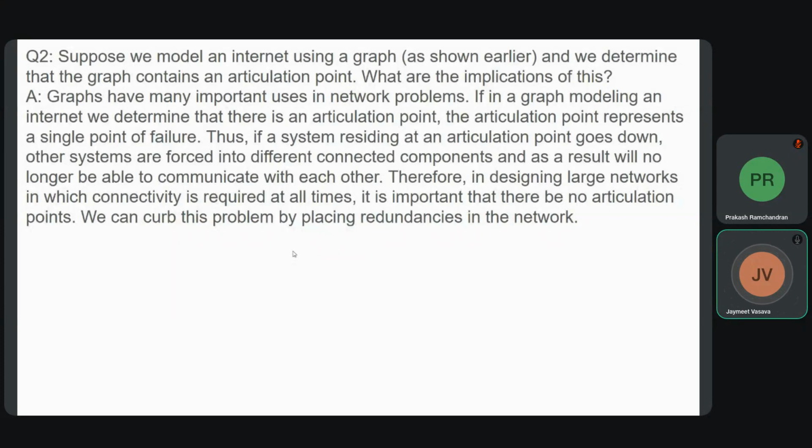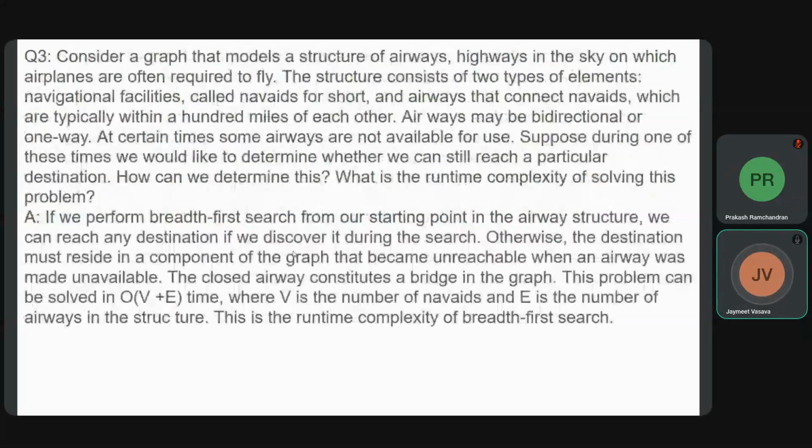Next, consider a graph that models the structure of airways. Highways in the sky on which airplanes are often required to fly. The structure consists of two types of elements: the navigational facilities, called navaids for short, and airways that connect navaids, which are typically within 100 miles of each other.